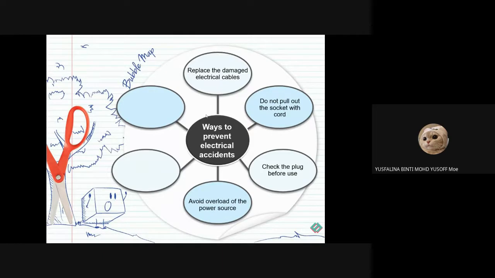And avoid overload, especially when using an extension. For an extension you can only use it for low voltage appliances. Don't plug your rice cooker or your kettle into the extension and then use 3 or 4 electrical appliances at the same time. This will cause a short circuit, an overload. Do not touch electrical appliances with wet hands. This one you already know. Do not use damaged electrical wire.